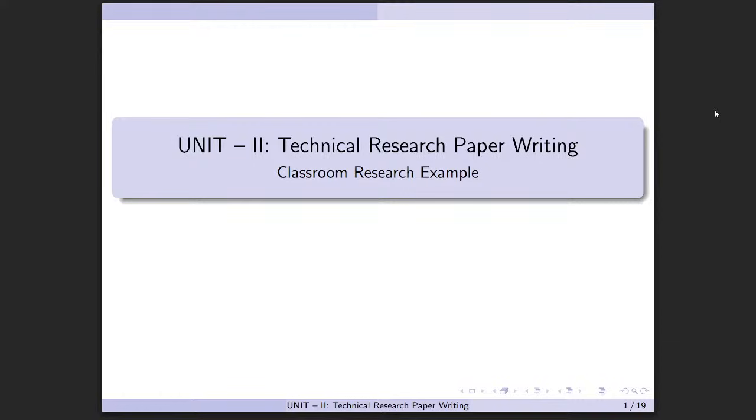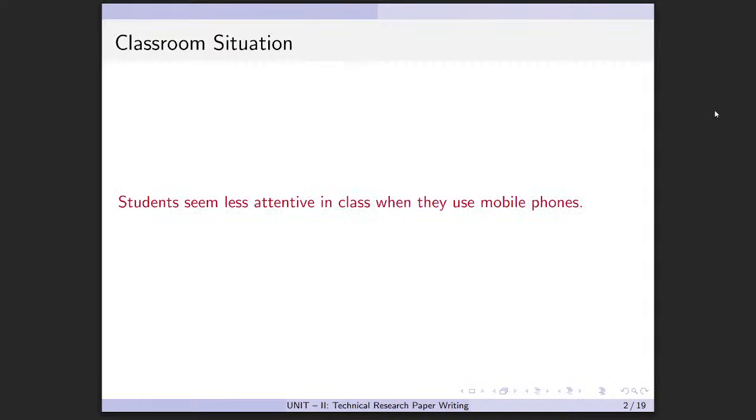So let me start unit 2, which is nothing but what contents will be there in technical paper writing. I will explain with a worked example. Okay. So let us analyze a situation. Students seem less attentive in class when they use mobile phones. That is my research, the project I am going to work on.